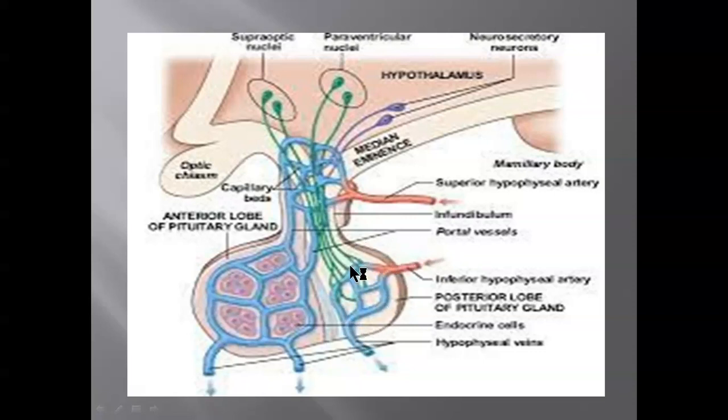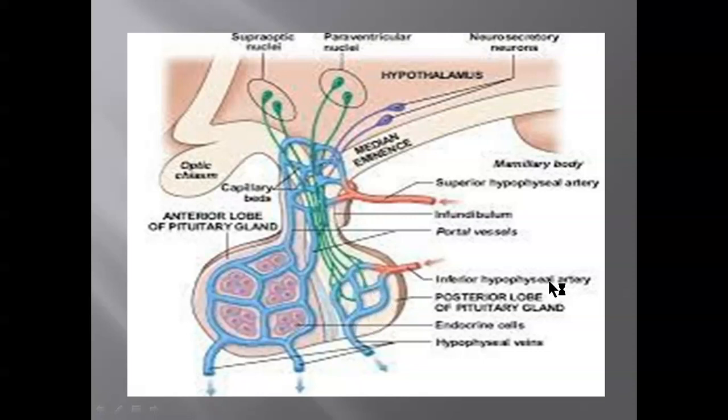The posterior lobe, as we know, is the neurohypophysis, which doesn't have any vascular arteries itself. It is a part of the neural bundle, and it's all about the nerve fibers coming from the hypothalamus.